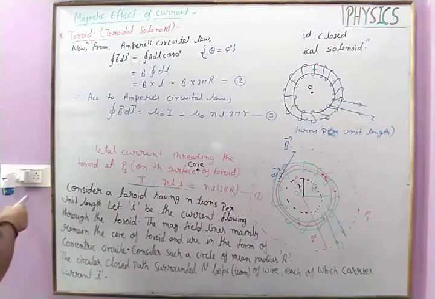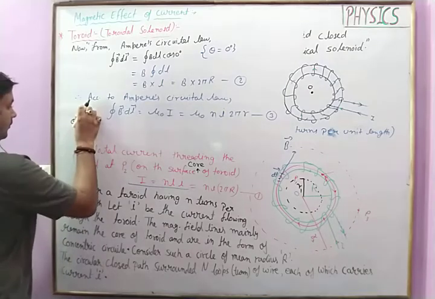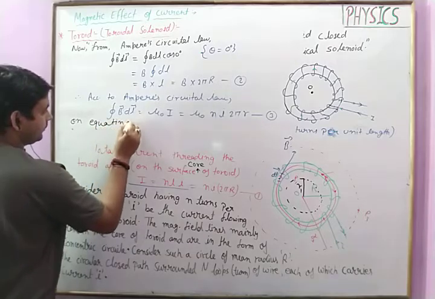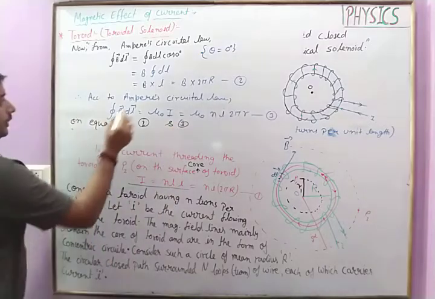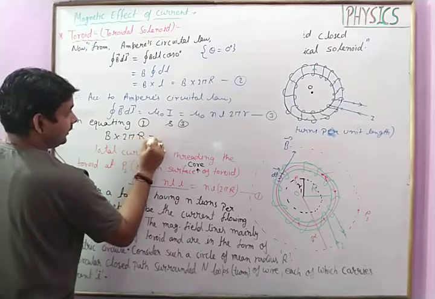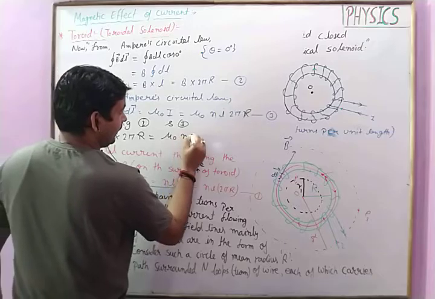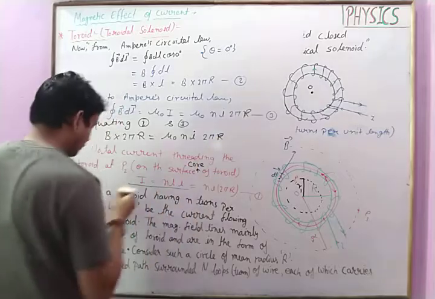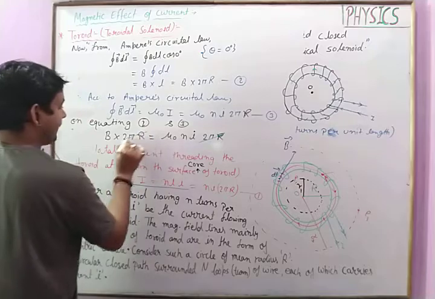Now on equating equation second and third, we get B into 2 pi R is equal to mu naught N i into 2 pi R. So this 2 pi R is cancelled by this.